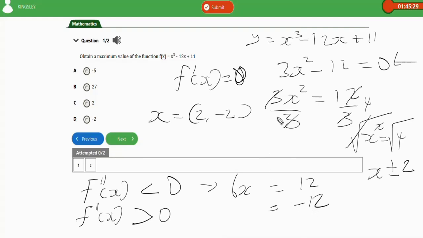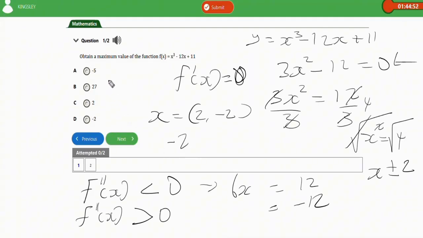So at the critical point of negative 2, we're having an output of negative 12, which shows that it's less than 0, so it is at maximum, whereas when x is 2, you're having an output of 12, which is the minimum. Now that we have recognized the maximum point, which is negative 2.